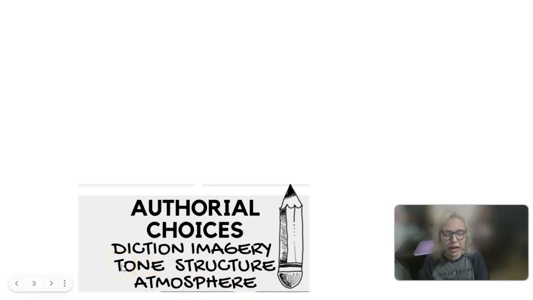So as you are analyzing an example of the larger authorial choice, which a lot of you picked, the motif of weight, things carried, you're looking at aspects in that example of these different things. And you don't have to necessarily call them diction, imagery, tone, structure, atmosphere as you are looking at them. You might be even more specific and say, this is a sensory detail, or this is a simile, or whatever it might be in that particular instance.